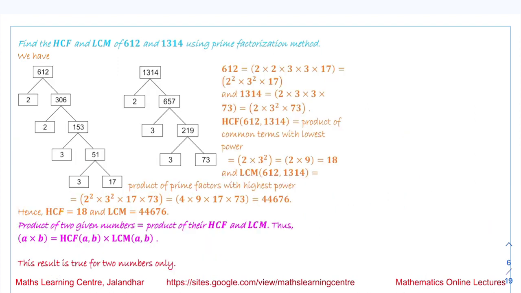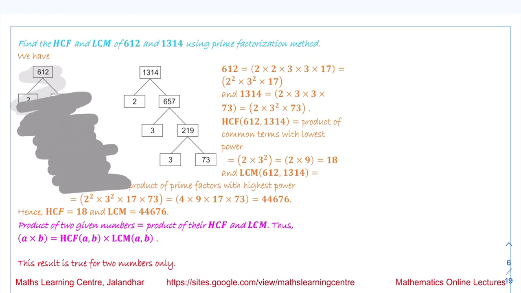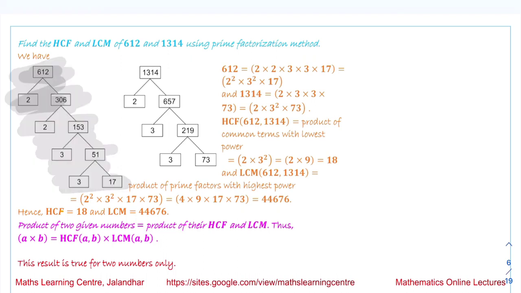Now we have to find the HCF and LCM of 612 and 1314. So the first thing we have done is the prime factorization over here, which you can try on your own. This is the prime factorization of 612, and this is the prime factorization of 1314.